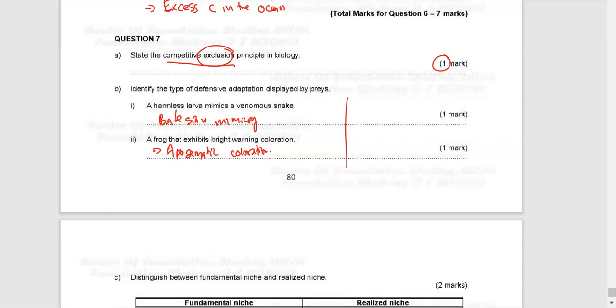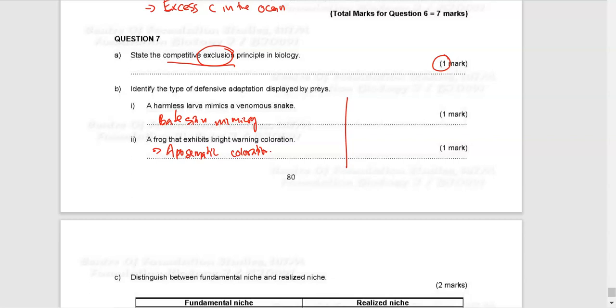What is Mullerian mimicry? It is when a harmful species mimics another harmful species. Both are harmful and both have toxins, so both will resemble each other. This will protect both species from being eaten by predators.